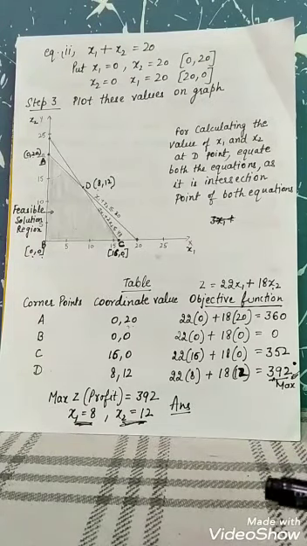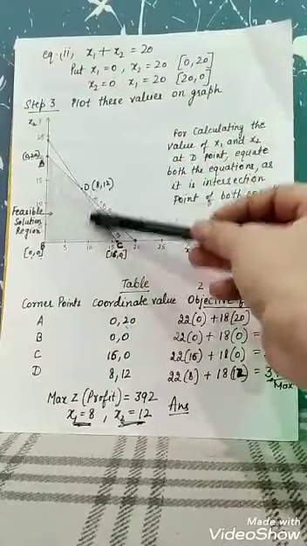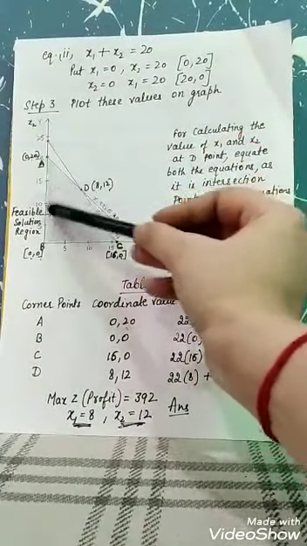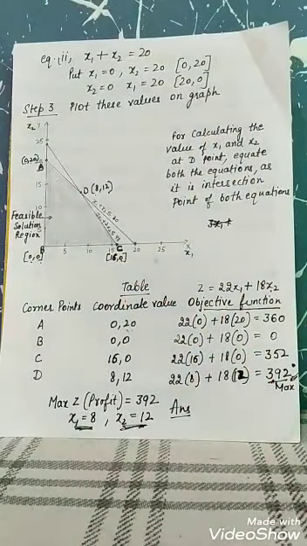Common area is dependent upon our constraints. Constraints are both less than, so our common area is the region below the lines, which is this one. So this is our feasible solution region. And now our third step is also completed.